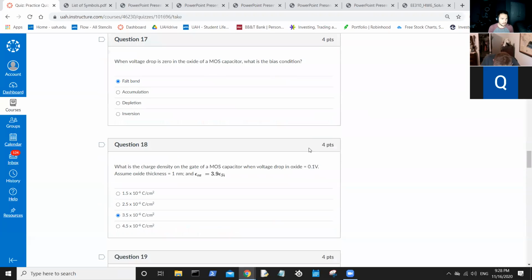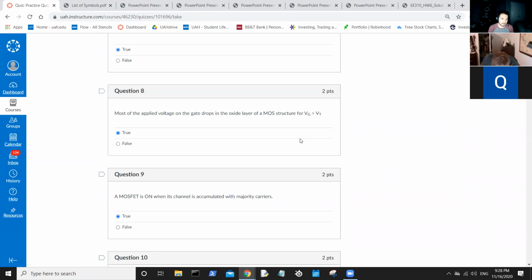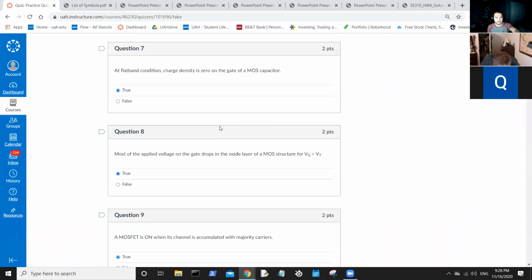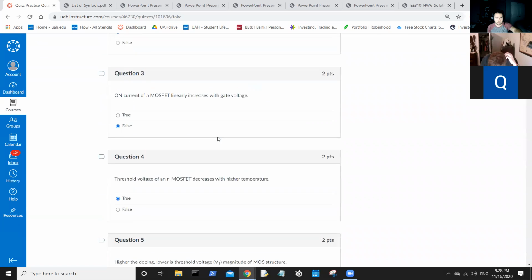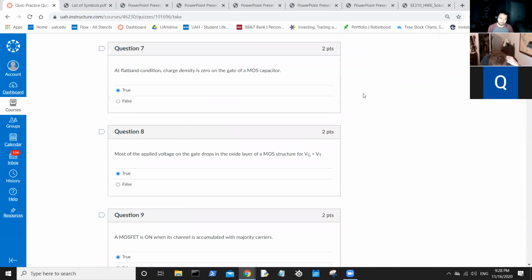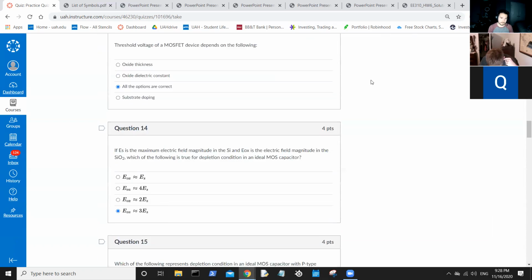Let's scroll back up to the ones that we answered. We answered two questions very similar to this. I believe they were true and false right here. A MOSFET is on when its channel is accumulated. We said it's true. And then earlier, there's a MOSFET off question: a MOSFET is off when its channel is depleted. Therefore, our answer here should be on accumulated, off depleted, if we're going to be consistent with what we said previously.